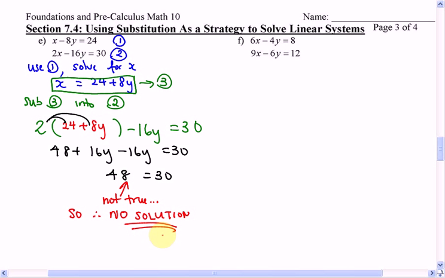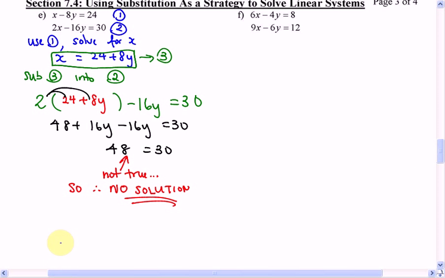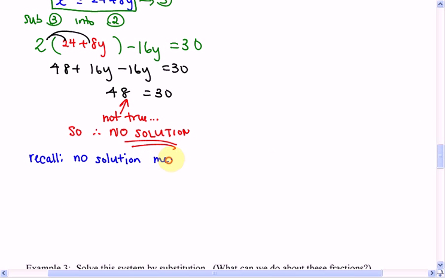Now if you think about this, and if you were to graph it out from last time, the no solution graph, recall, from 2 days ago when we did the graphing stuff, means that the two lines are parallel and never meet.